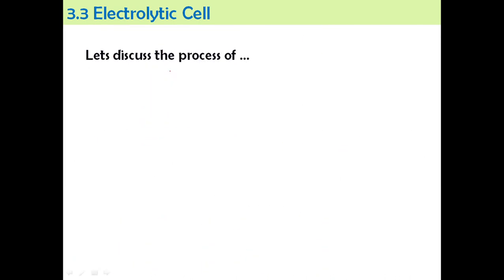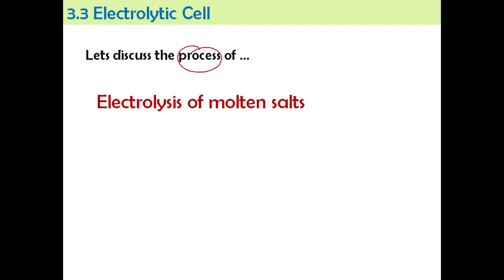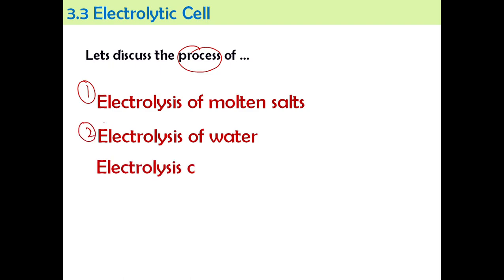For the electrolytic cell, we're going to discuss the process of electrolysis. The first one is for molten salts. The second one is for water. And the last one is for aqueous salt solution.